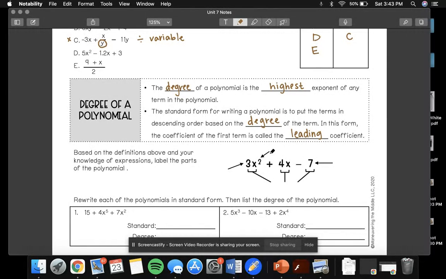These three parts are our terms, okay? This right here is our highest exponent variable. Okay, so this is our degree. So this is a degree 2 polynomial. Okay. The coefficient, which is the number in front of this highest degree variable, is called the leading coefficient.